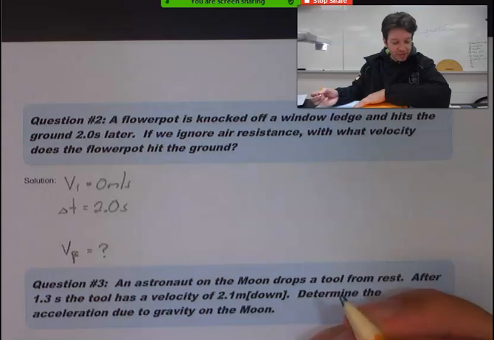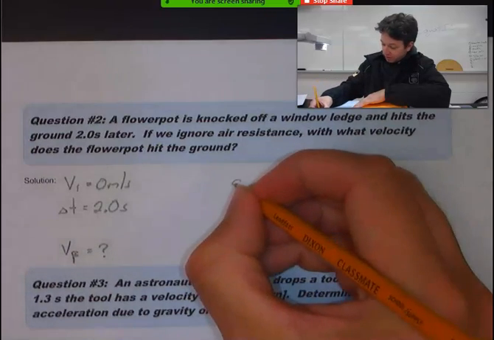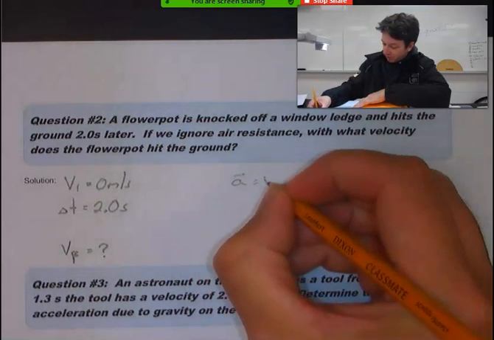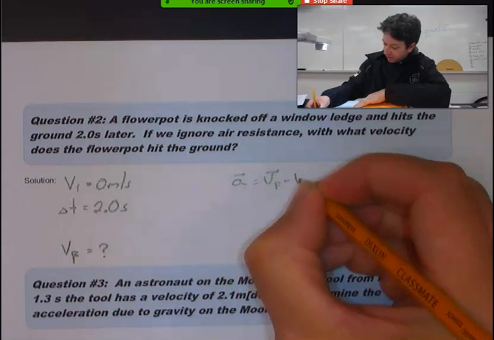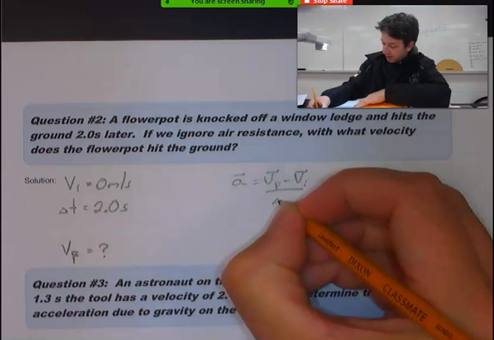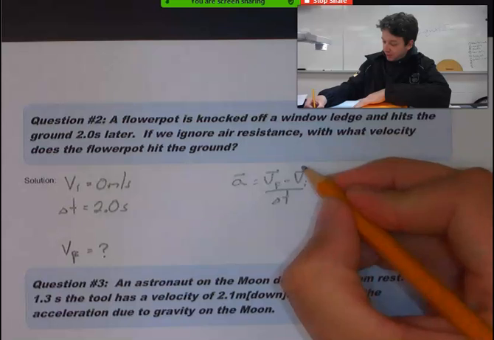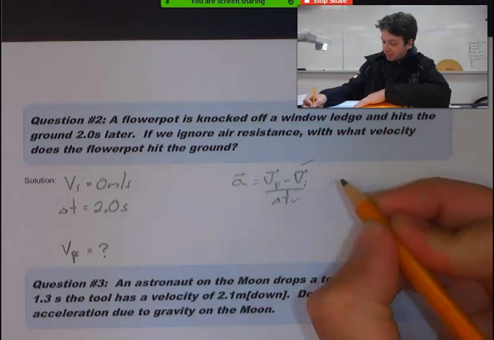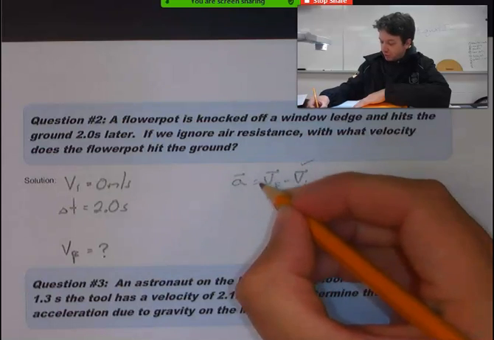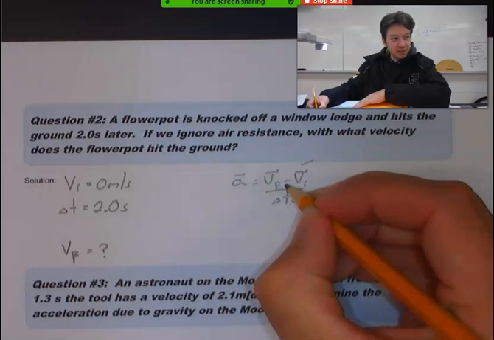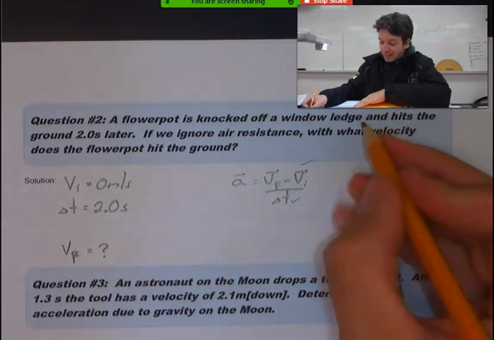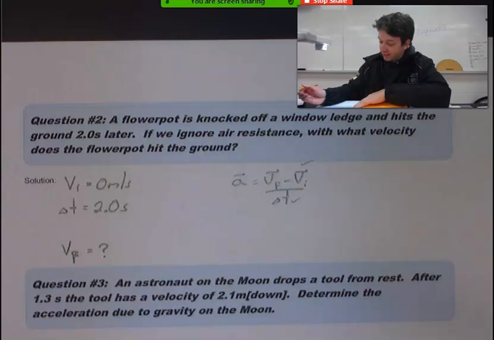Now if we look at our equation, a equals v final minus v initial over time. In this case, we know initial velocity and we know time. But in order to find final velocity, we need to know acceleration. It didn't actually say what the acceleration is in here.